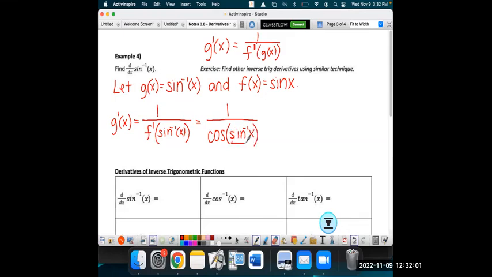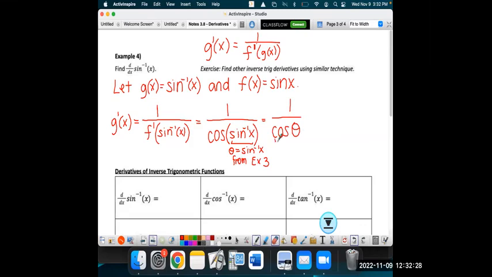Now, in example 3, we were told that theta equals sine inverse of x. So I'm actually going to replace that in there. And that is exactly why we needed to figure out what cosine of theta was.